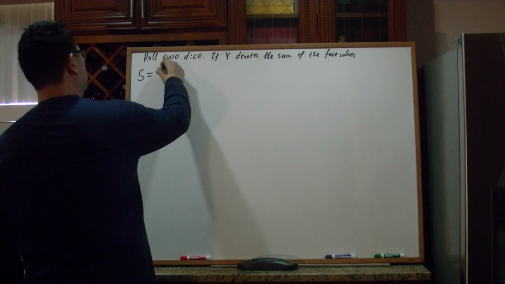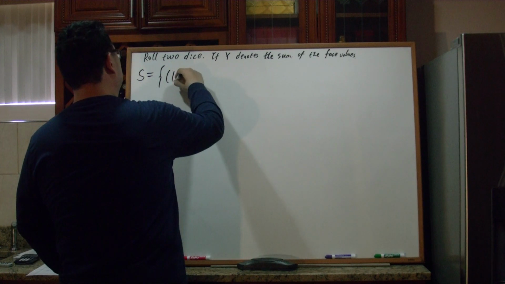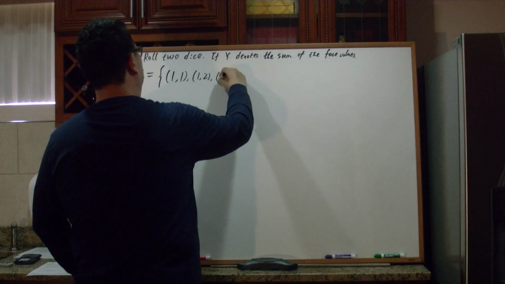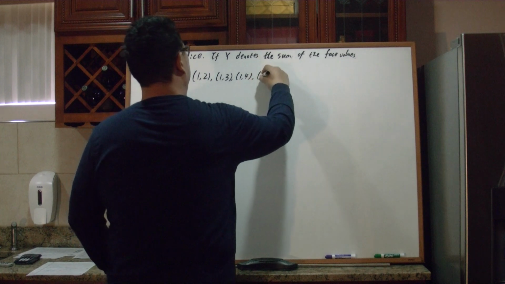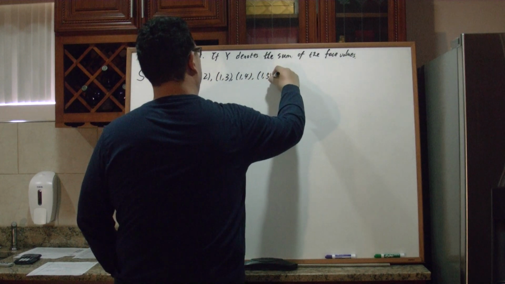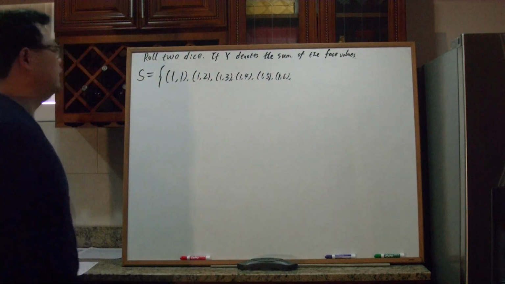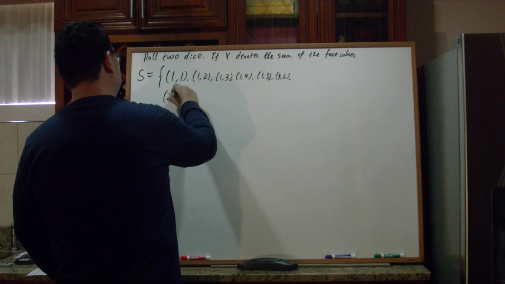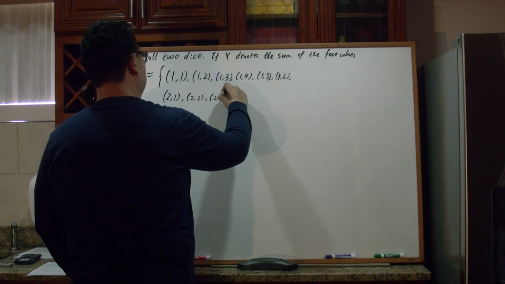The sample space, that is, well, the first could be 1, the second die could be any number from 1 to 6. That's when the first die is 1. The first die could be 2, and the second die is varying from 1 to 6.